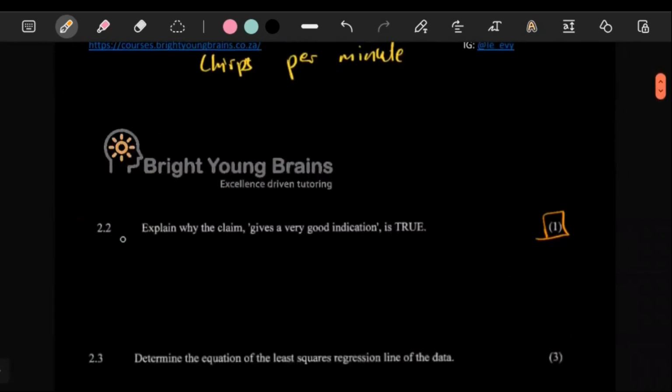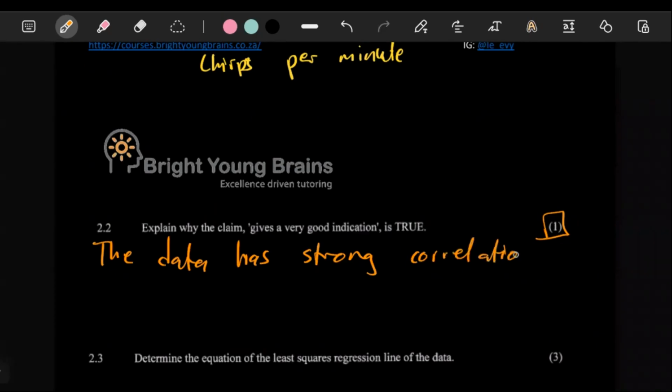So let's state those two things: the data has strong correlation and it is almost forming a straight line.